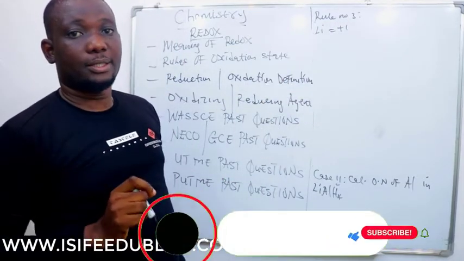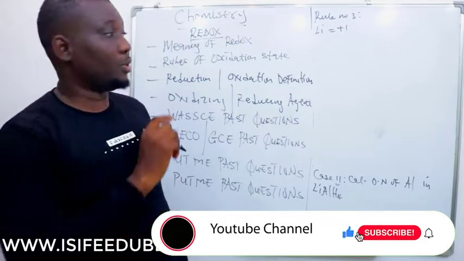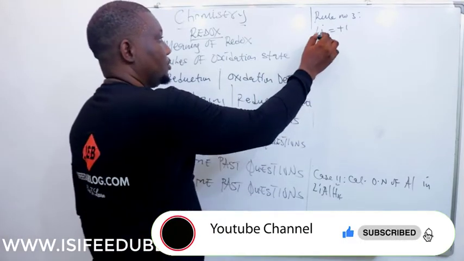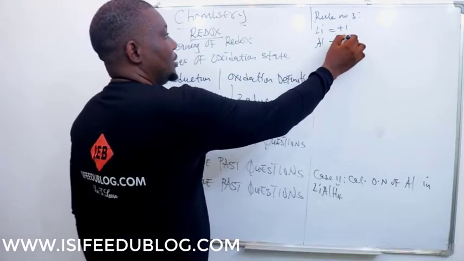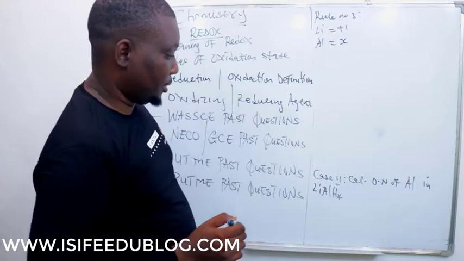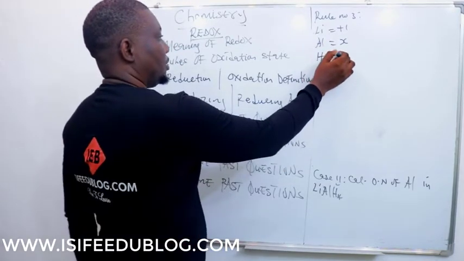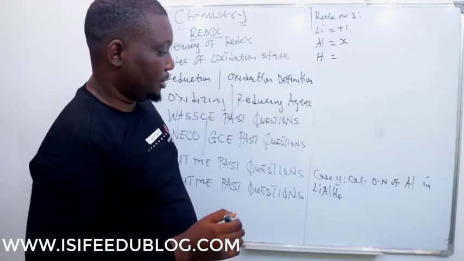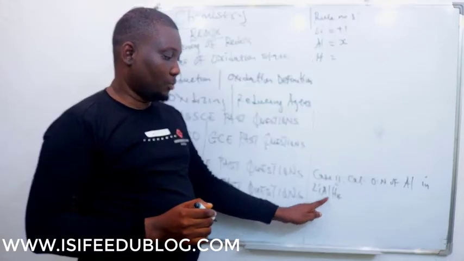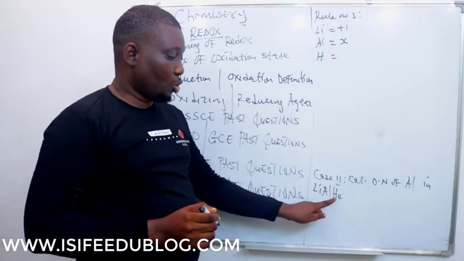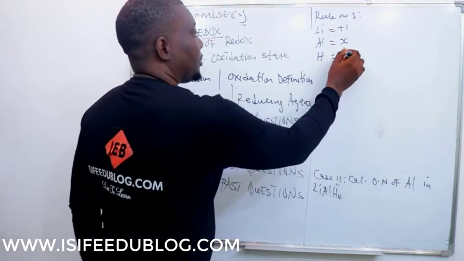That is equal to the valence, the outermost shell electron, plus 1. And then aluminium is the one that is unknown in this question. And remember, hydrogen in this case is not going to be plus 1 as usual, since it is now combined with metals. So it's going to be minus 1.